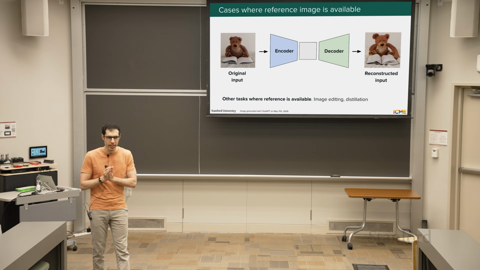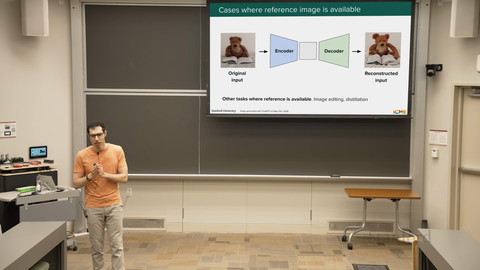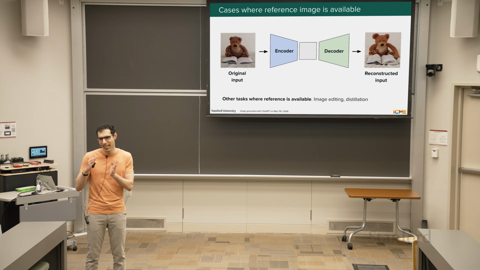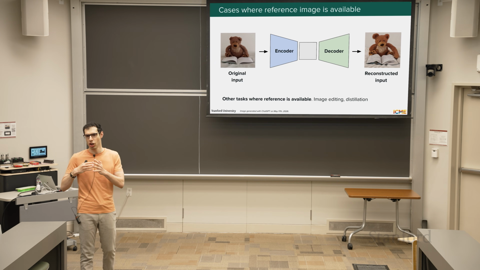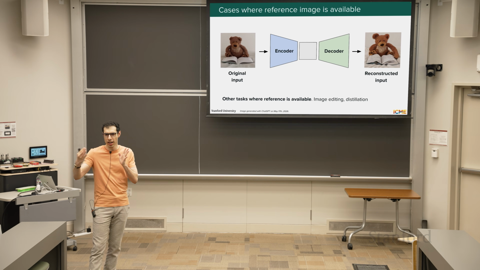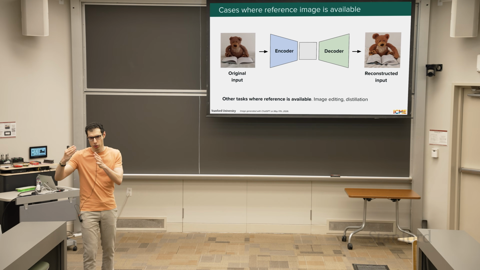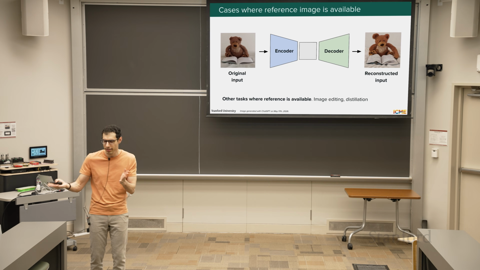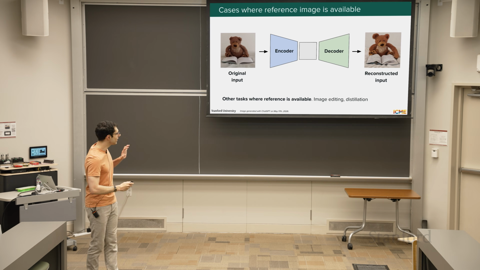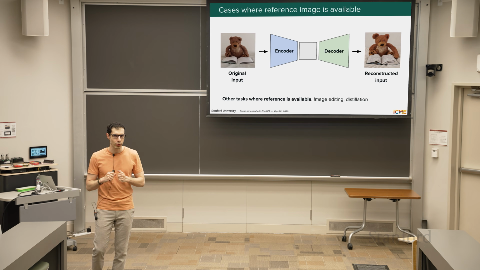We've not really gone into details about image-to-image tasks, so image editing tasks, but you may also want to compare your edited image with the input image to make sure you're controlling for things that you don't want to edit. So this is not just valid for VAEs, but for other use cases as well.